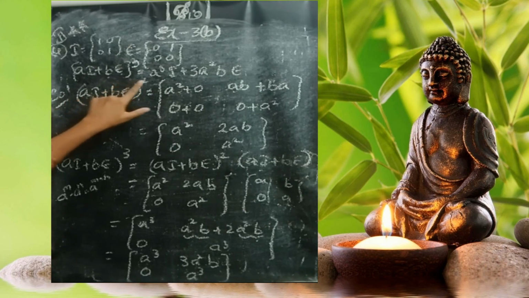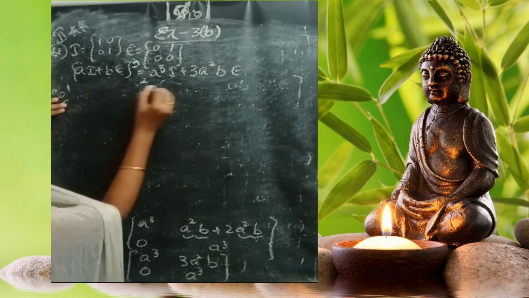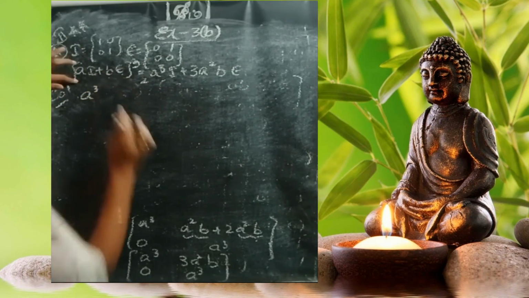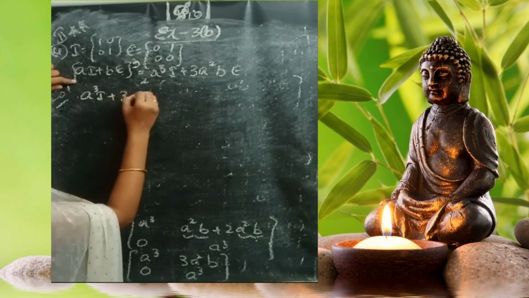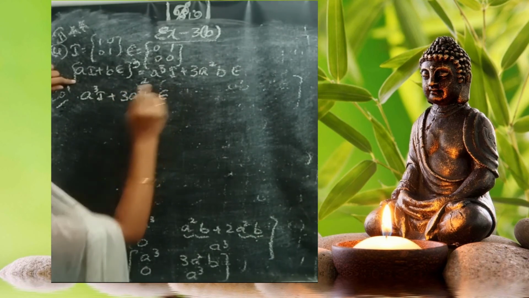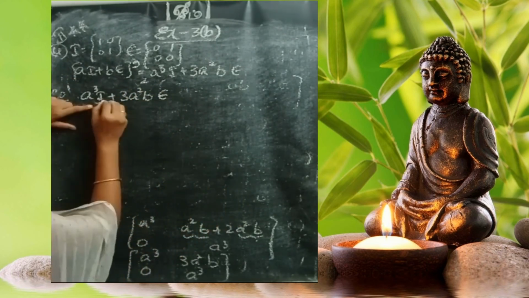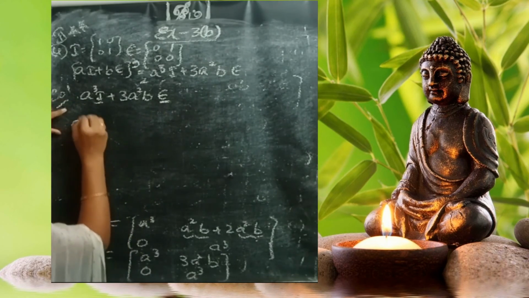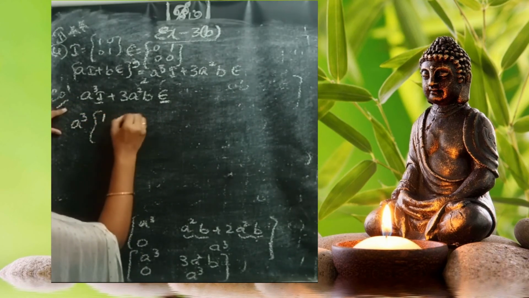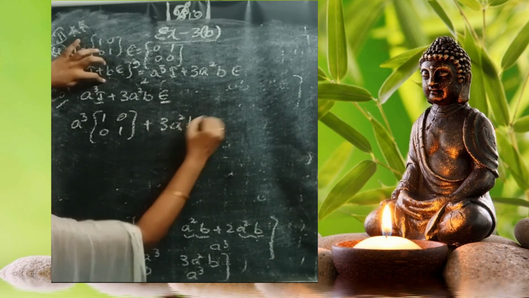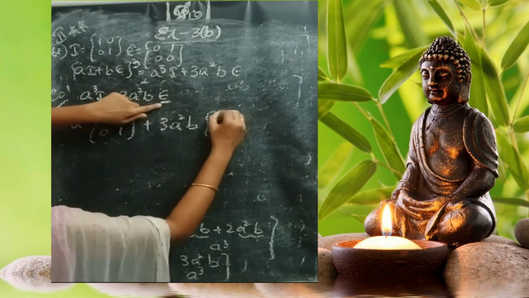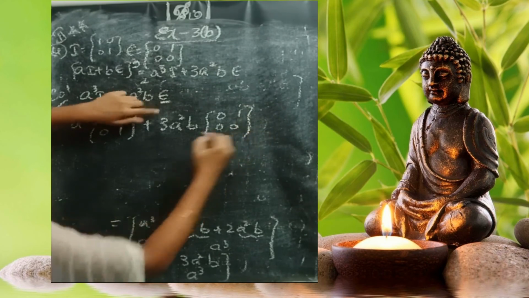Next we have to prove it equals A cube I plus 3A square B E. This is the LHS. Now we have to prove the RHS. Substituting the values for I and E: A cube into [1 0; 0 1] plus 3A square B, where the E term is [0 1; 0 0].